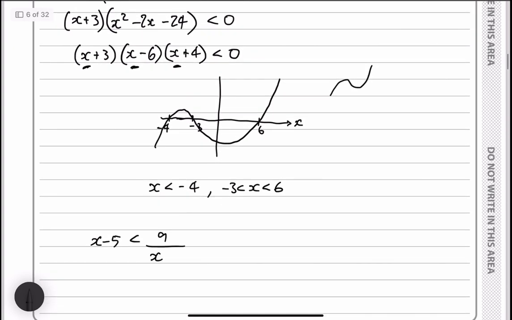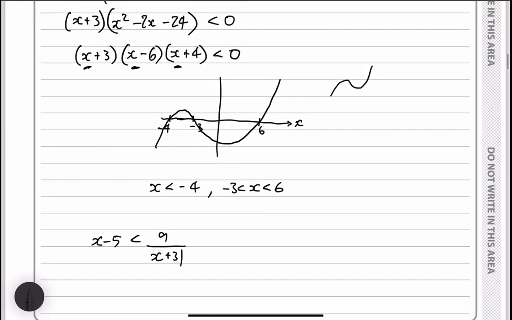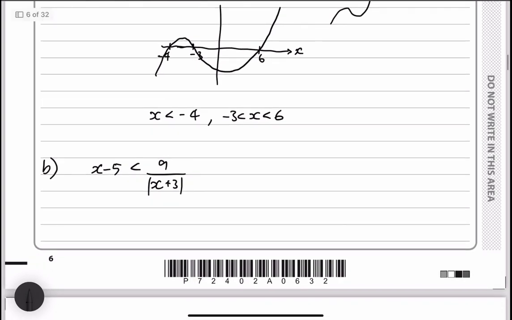No, plus 3 in a modulus. This is part B. So as I sketch these out, I'm just going to logic my way through it, as it were. Got y there, x here. x minus 5, that's pretty easy. That's a straight line graph. Gradient 1 going through minus 5 and 5.